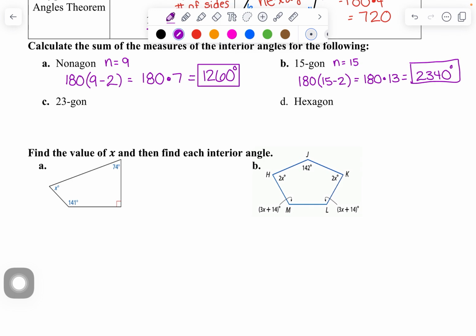I am going to pause talking for a little bit. Try out on your own the 23gon and the hexagon. Yes, try it out. It's an easy formula. You can all do it.